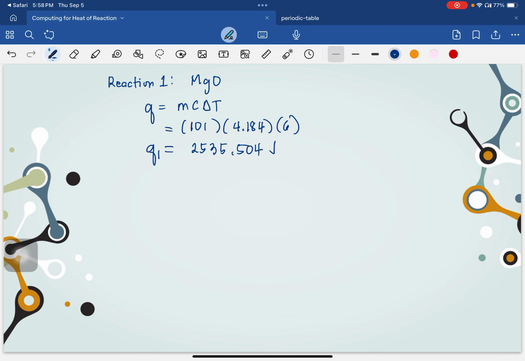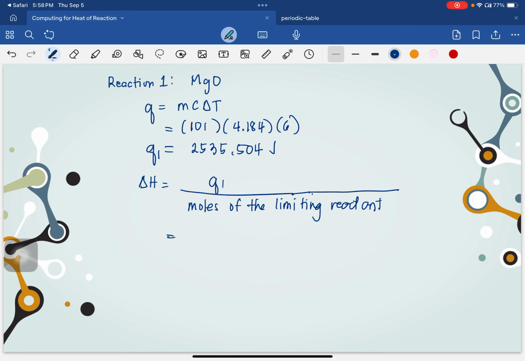Now, for getting the heat of reaction, we can already solve for delta H, and our delta H will be, of course, Q1 over the moles of the limiting reactant, which is magnesium oxide. Okay, our limiting reactant for this one is magnesium oxide.